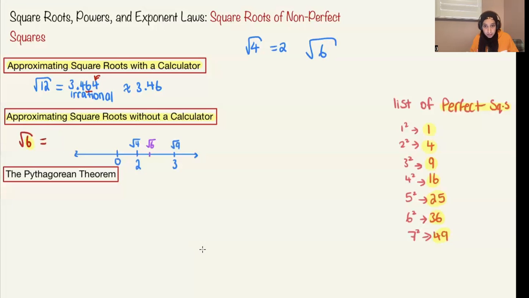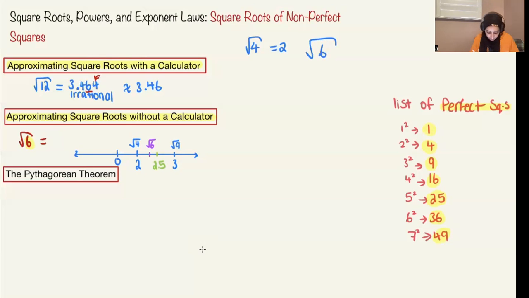And so if I were to round this, it's not in the middle, so it wouldn't be 2.5. If it was in the middle, the answer would be 2.5, but it's not in the middle. It's a little bit closer to the square root of 4, and so it's a little bit smaller than 2.5.